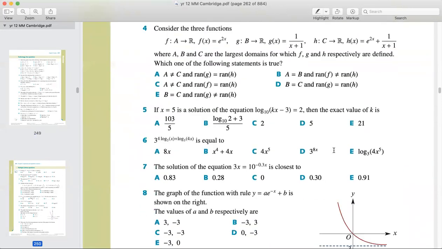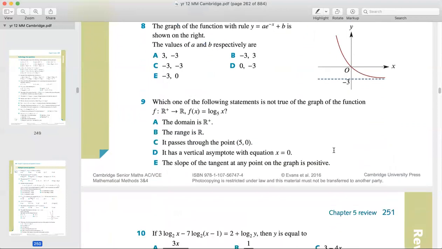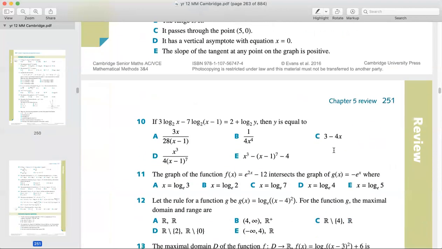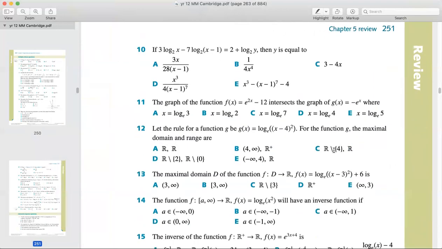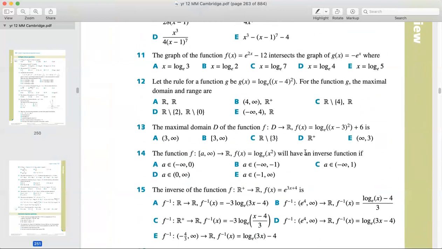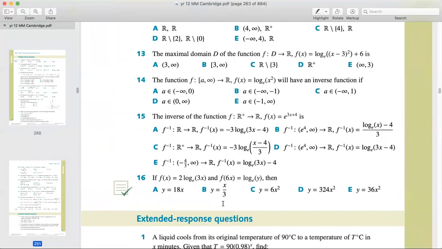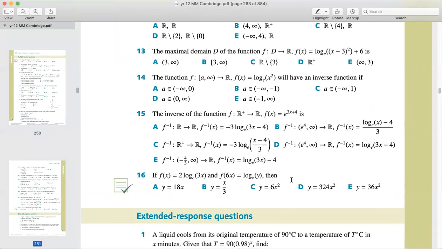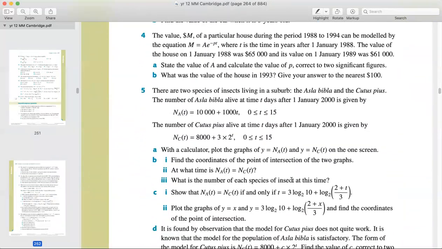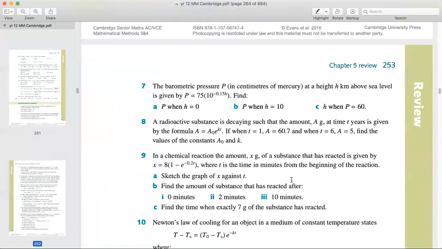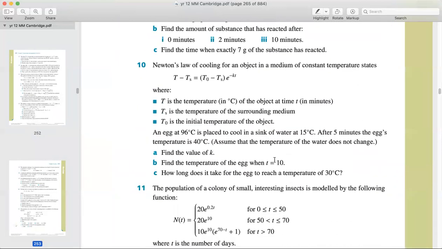And for multiple choice, again, it's really good practice for you, especially for inverse functions, right? Over here, questions 14 or 15, or even 16, help you be familiar with this kind of thing. For extended response, if you have time to do it, it's pretty useful.